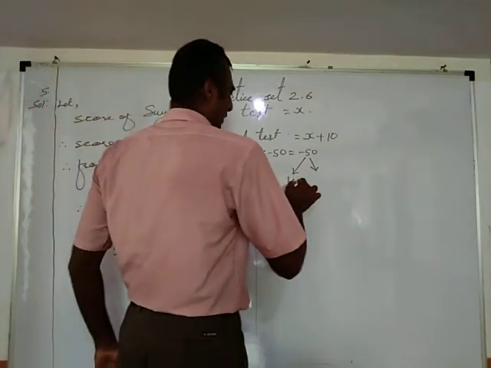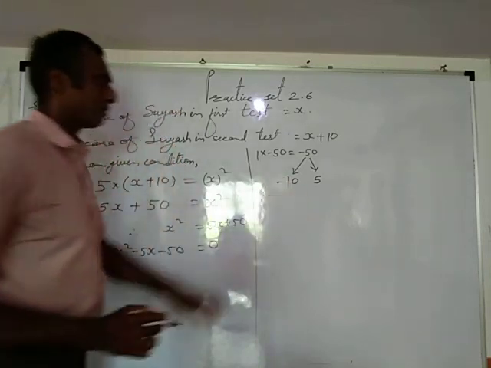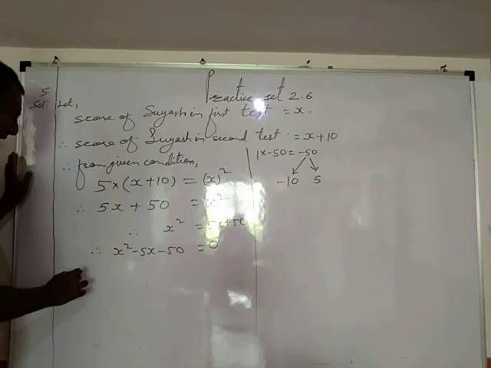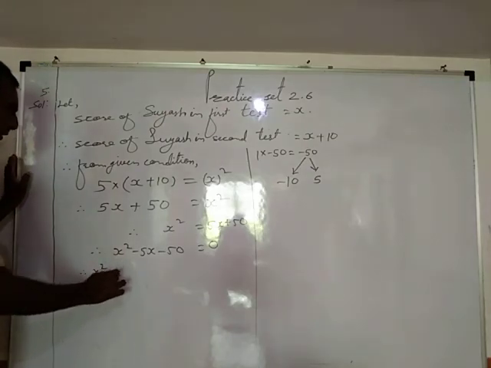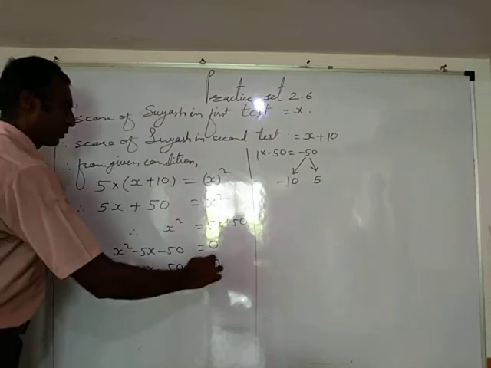Okay, 10 5s are 50. The greater factor must be negative because minus 10 plus 5 gives us minus 5. And that's why we may write it as x square minus 10x plus 5x minus 50 equal to 0.